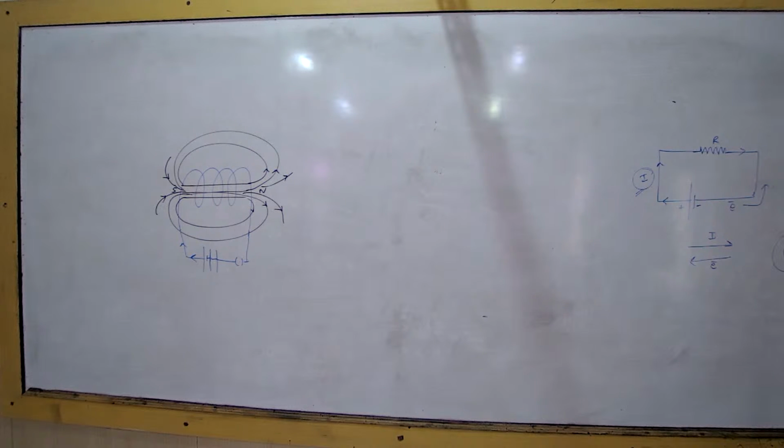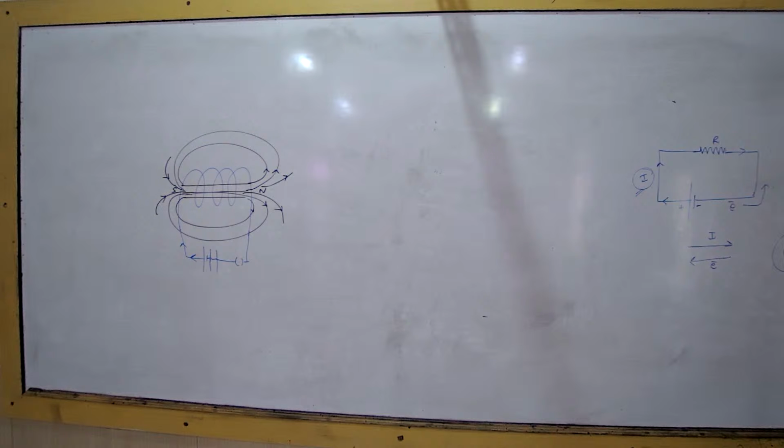Electric current is the rate of flow of electric charges. Next point.